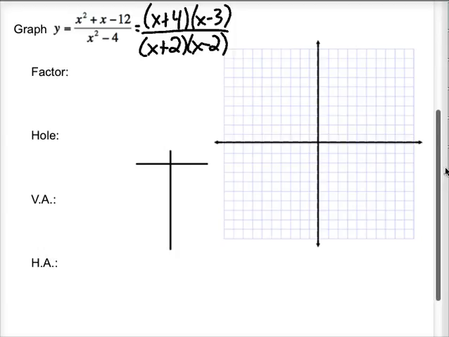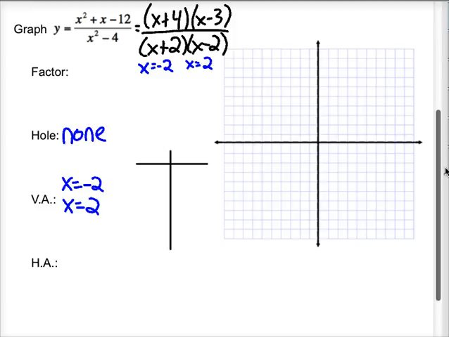So that's going to leave me with 2 points of discontinuity there and there. Now I want you to notice neither point of discontinuity canceled out. Okay? So that means I don't have any holes, but I do have 2 vertical asymptotes, one at -2 and one at 2.